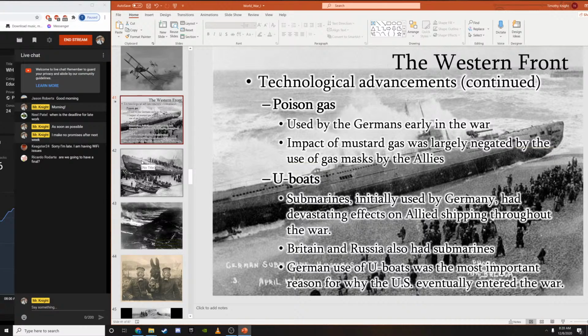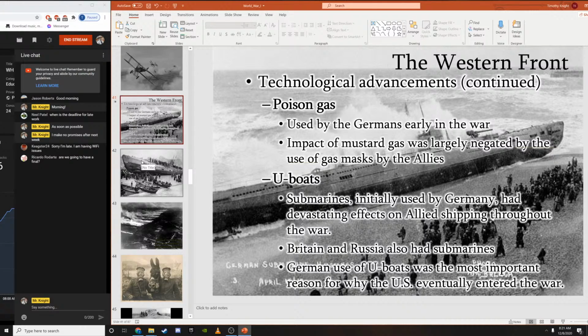The problem with using gas, though, is it's deadly if the wind changes direction, which happened during the war. If you were to release a bunch of gas and then within an hour the wind changes direction, it could blow it back onto you, and that could end up killing your own men. And this sometimes would happen during the war. You had to be very cautious about using mustard gas.